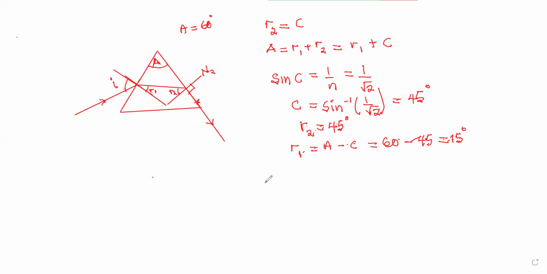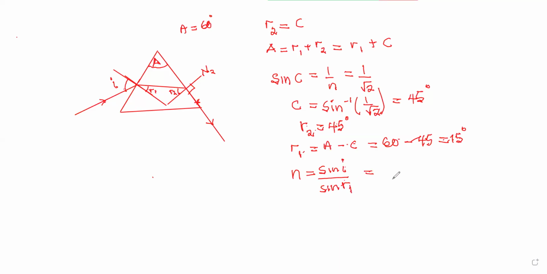We can therefore find the angle of incidence by using Snell's law. Snell's law: the absolute refractive index is equal to the sine of the angle of incidence over the sine of the angle of refraction R1.